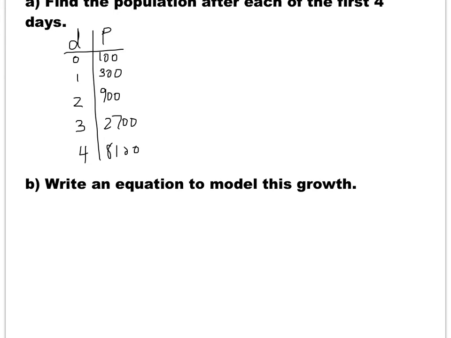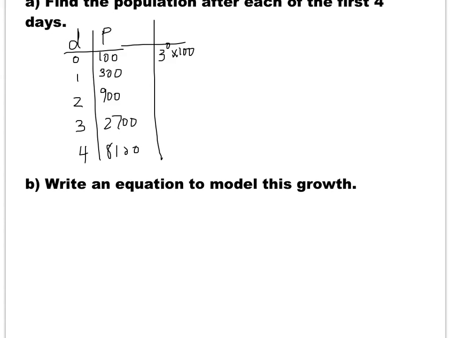Now we are supposed to write an equation which represents this situation. I'm going to write the first one, the population, as 3 exponent 0 times 100. Because 3 exponent 0 is 1, 1 times 100 is going to give me 100.